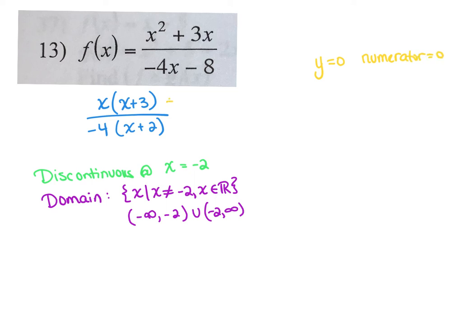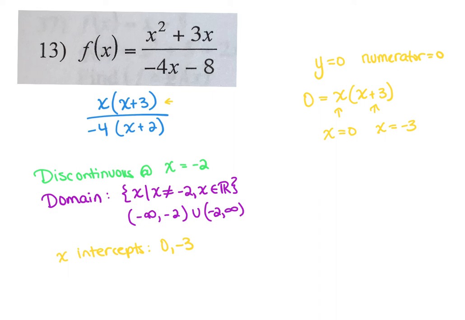And I've actually already factored my numerator here. So I'm just going to say, well, where do the x and the x plus 3 equal 0? Well, I set each of those equal to 0. I set this guy equal to 0, well, that's going to happen there. And I set this guy equal to 0, well, that's going to happen there. So my x-intercepts then are going to be at 0 and -3.